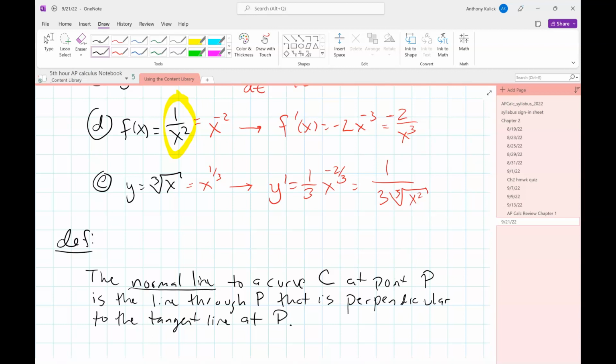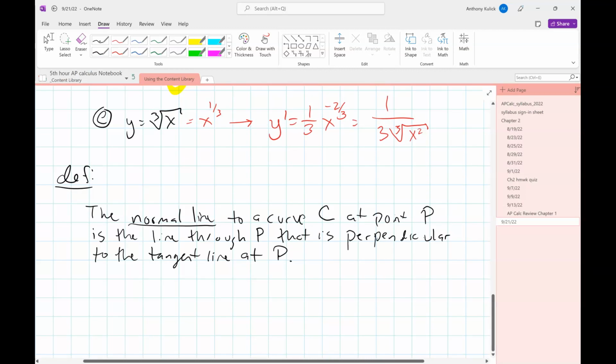So a normal line to a curve C at the point P is the line through P that is perpendicular to the tangent line at P.